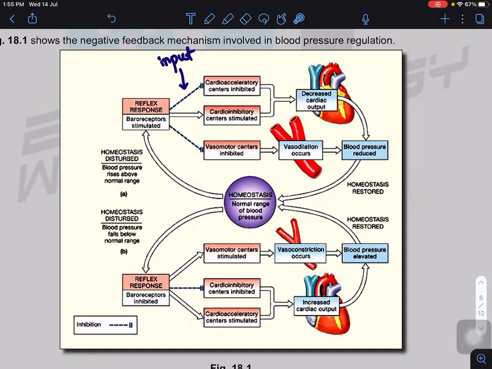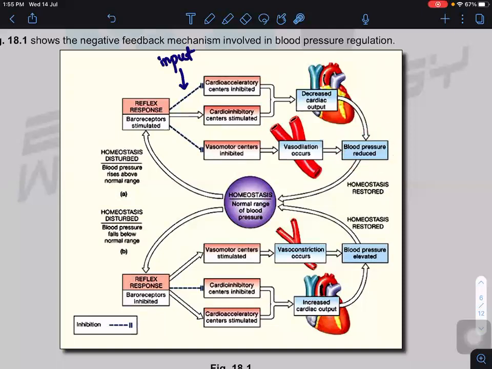So your heart will pump slower and then decrease the volume of blood pumped into the blood vessel. Okay, then how about the vasomotor center? When we inhibit the vasomotor center, it will cause vasodilation. It means that it increases the diameter. When you increase the diameter of the arteriole or the artery, then we will be able to reduce the blood pressure.